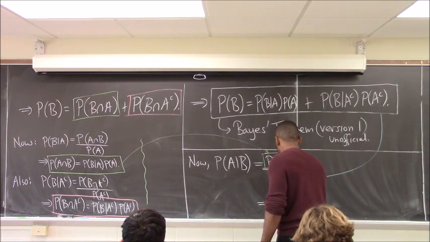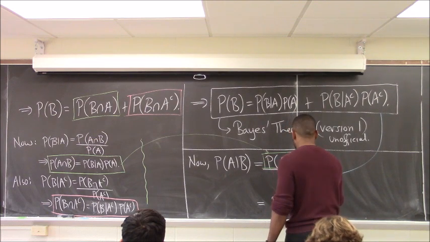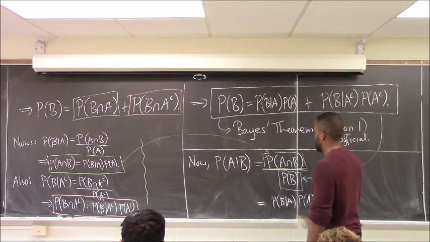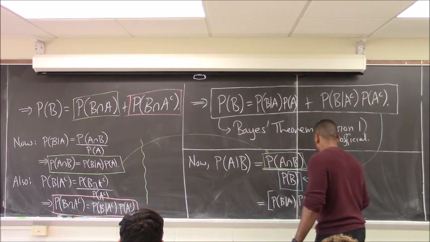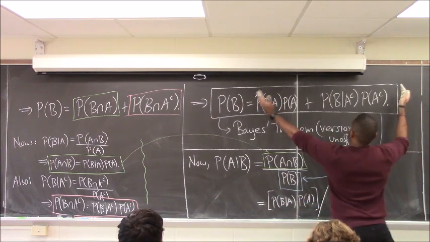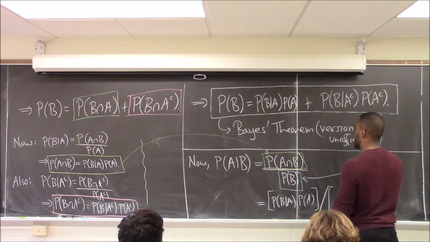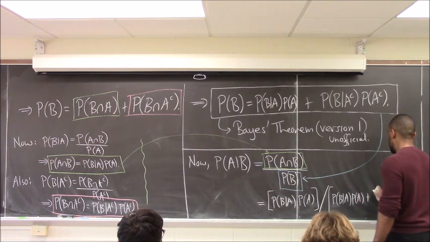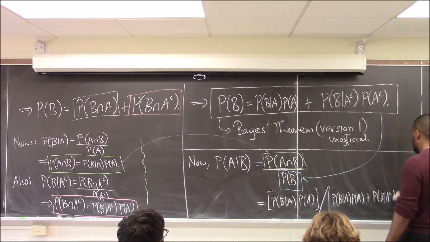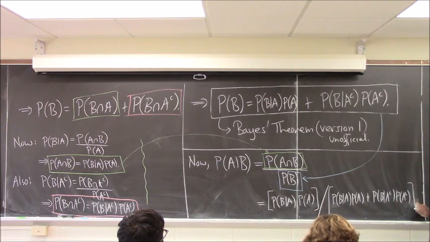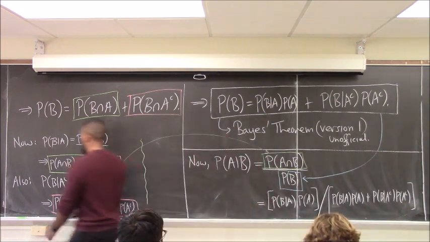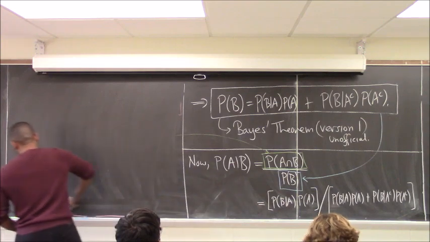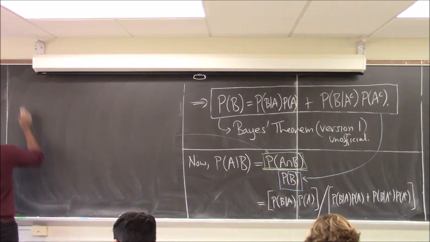I can write this as the probability of B given A times the probability of A. Now I'm going to write this entire thing in the place of the probability of B. So this is going to be the probability of B given A times the probability of A plus the probability of B given A complement times the probability of A complement.